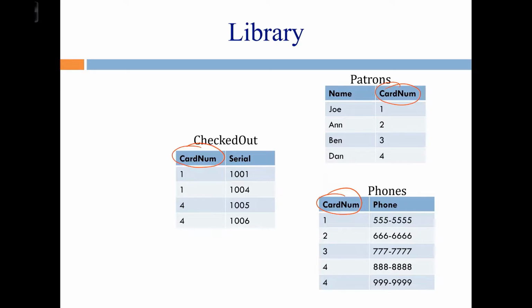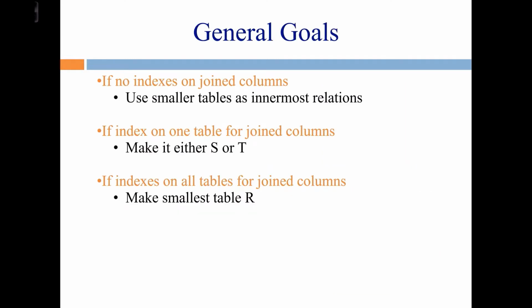So if it has all of these options, then how does it decide what order to use based on performance? And basically it follows the same principles, but with just a few extra details. So in the case where there are no indexes that will help with the join, it's going to put the smallest relation on the inside as T. And generally it goes in order, so R will be the largest, S will be the medium-sized table, and T will be the smallest.